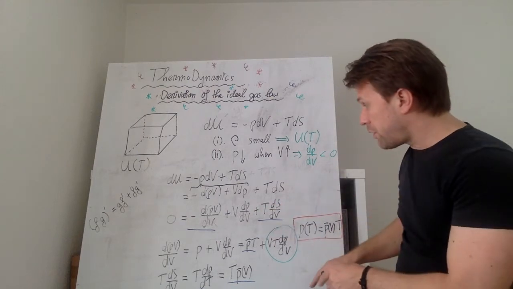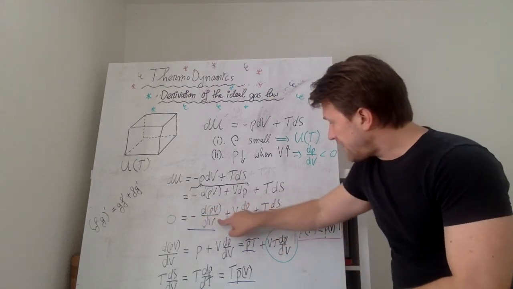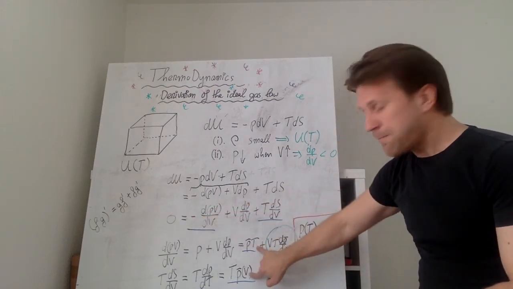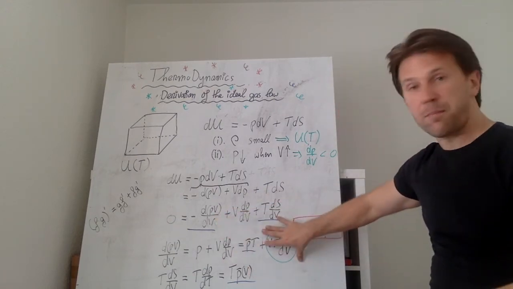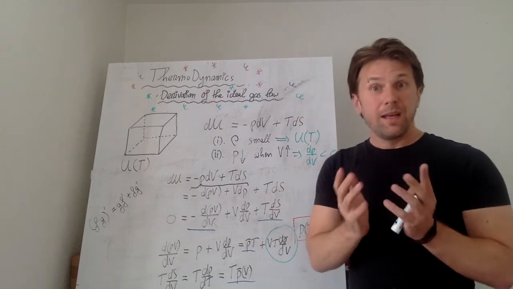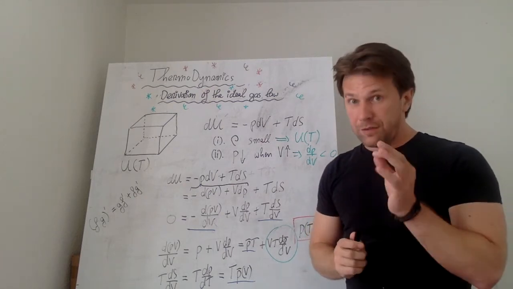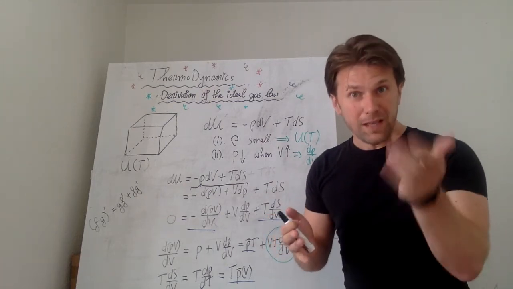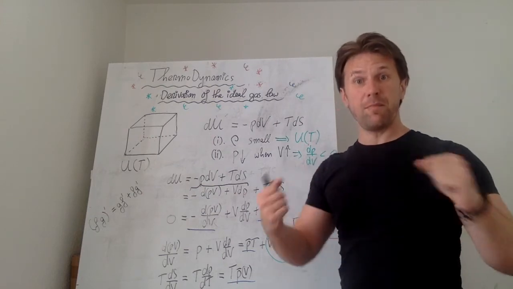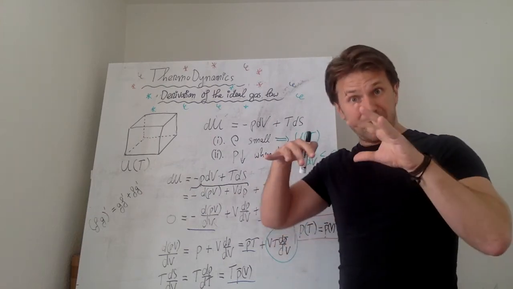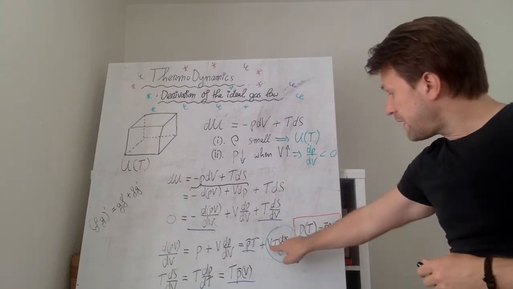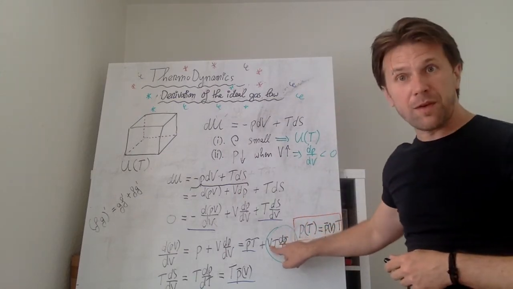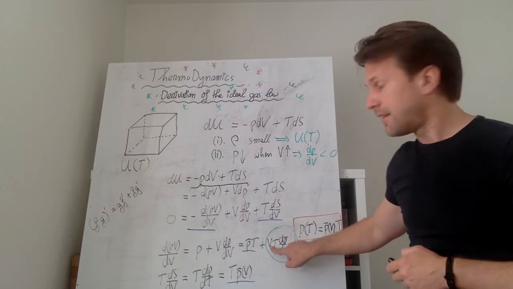So going back to the comparison, this thing and that thing are the same, but this thing is smaller because you subtract a part. So it is a smaller number. Is it a lot smaller? Well, yes. If you make the volume very big, so you make the box in which you put your stuff very big, then V becomes a big number, so the amount that you are subtracting becomes very big indeed.